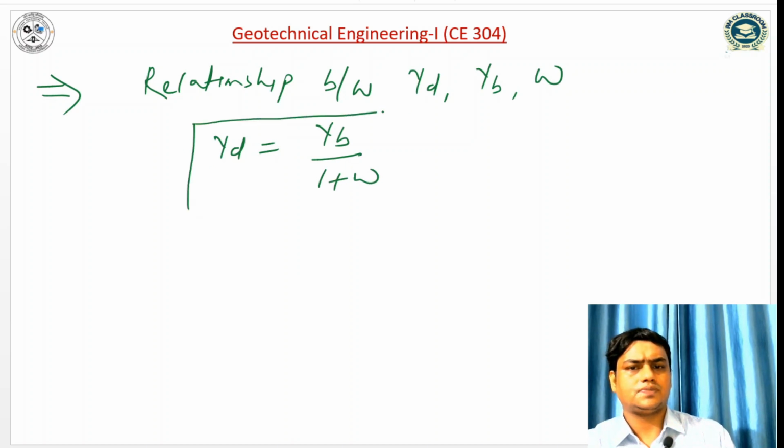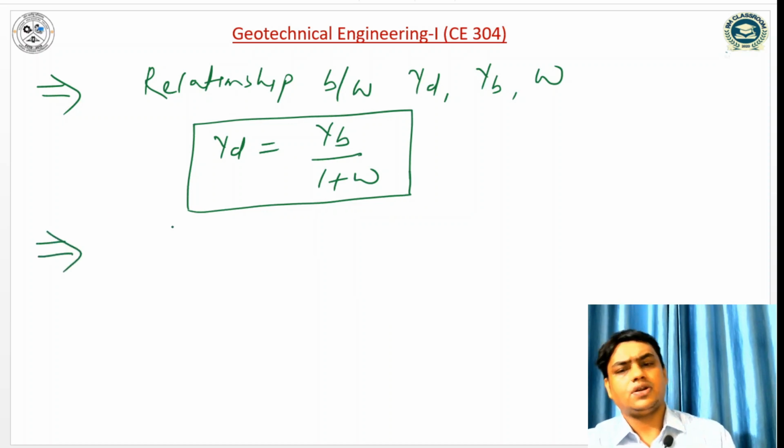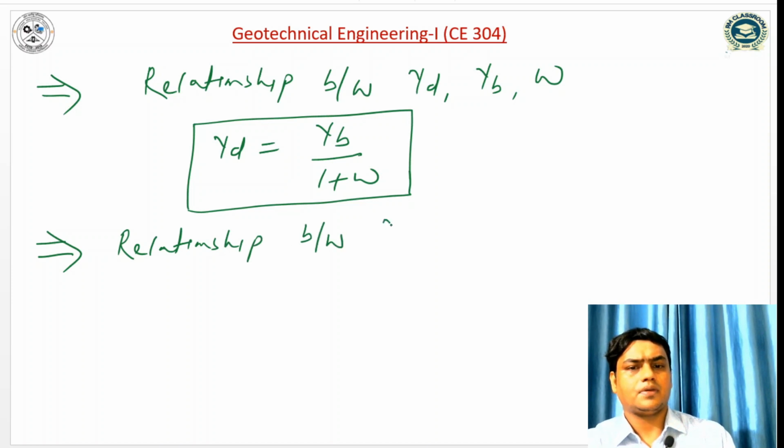So this is the expression or relationship between dry density, bulk density, and water content. Another relationship between gamma d, specific gravity, water content, percentage air voids.